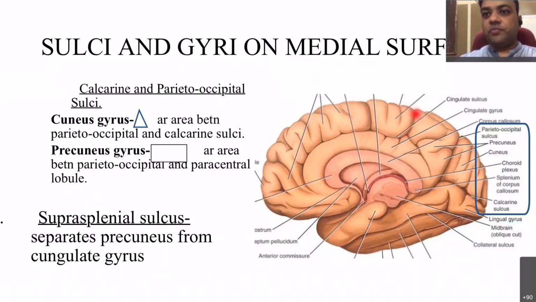This is the posterior end of the paracentral lobule, and between this parieto-occipital sulcus and the paracentral lobule, this whole part is known as the precuneus gyrus, which is quadrangular in shape.